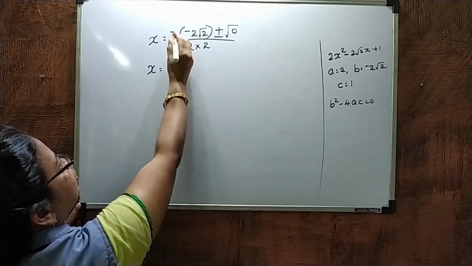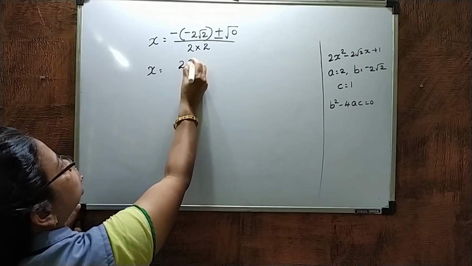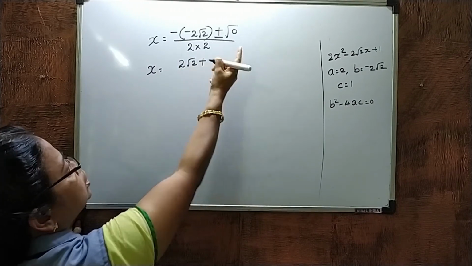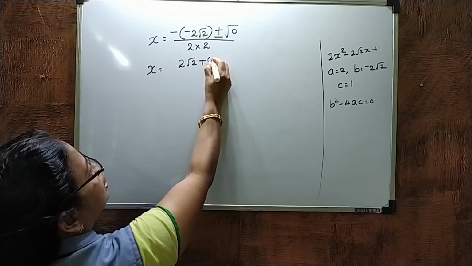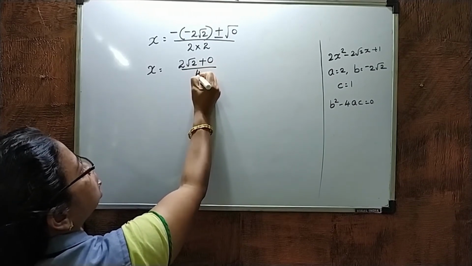So we will get negative into negative, positive 2 root 2, plus or minus root 0, which is 0, divided by 4.